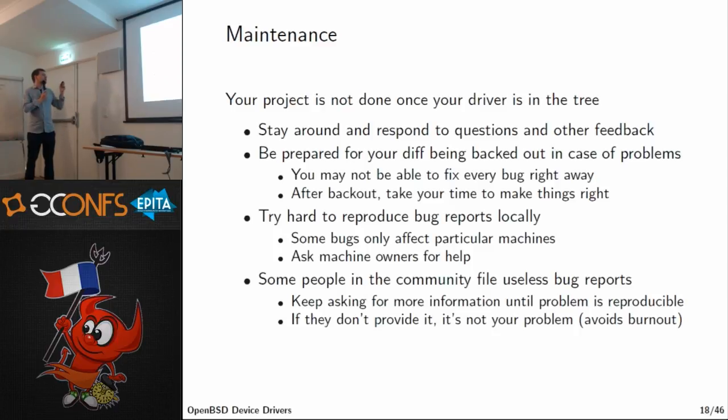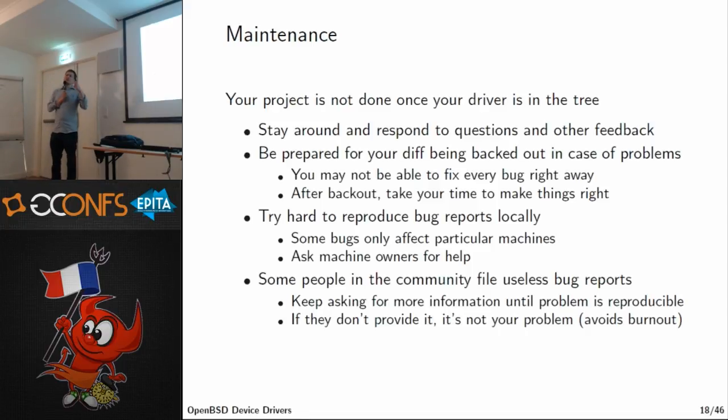Oh yeah, and sometimes, the last point on the slide, if you try to be too helpful and too nice, sometimes you get overworked with it because you might get 5 or 6 reports. You don't see a lot of these on the list. You see them sometimes. But some people tend to mail people privately. And so for every bug report you see on the bugs list, developers get maybe 5 or 6 of those.